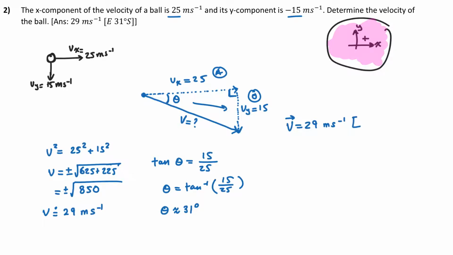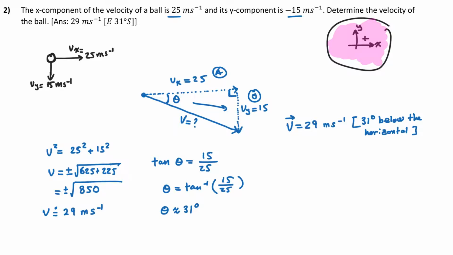For the direction, this is the horizontal line, that's x, and it moves at an angle theta towards the negative y. So we can think of this as the horizontal line, and this is below the horizontal line by an angle of 31 degrees. So this is 29 meters per second, 31 degrees below the horizontal.